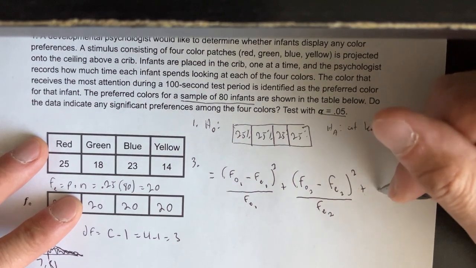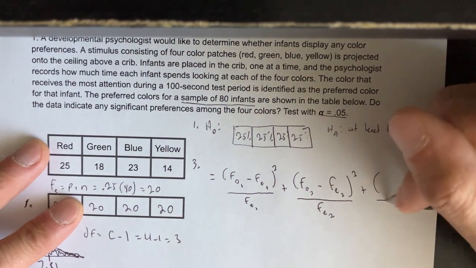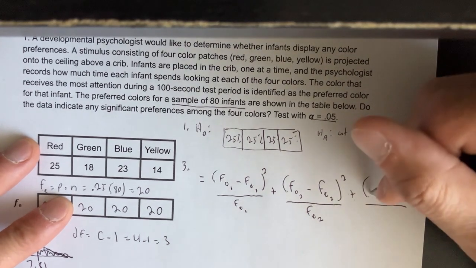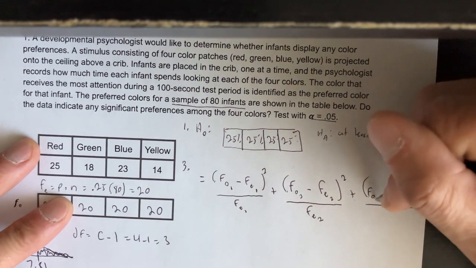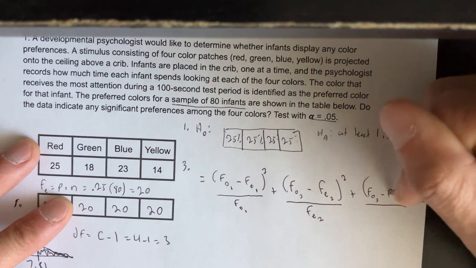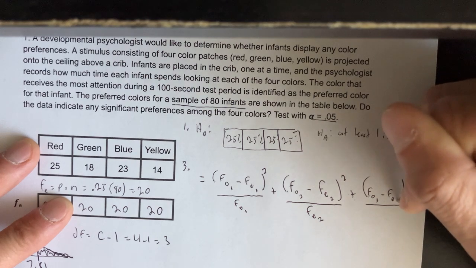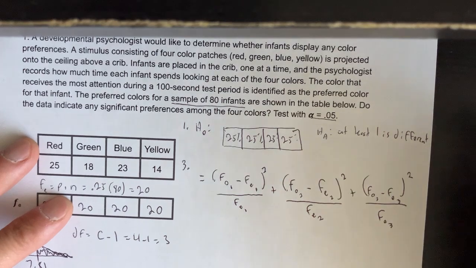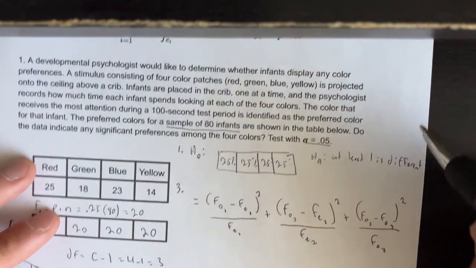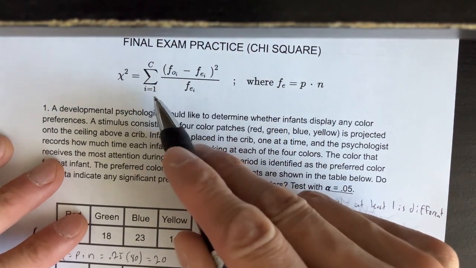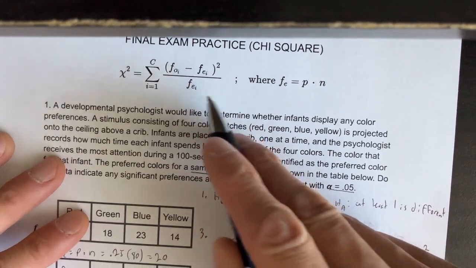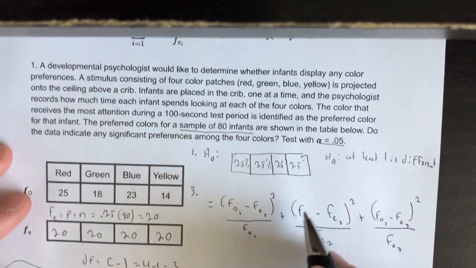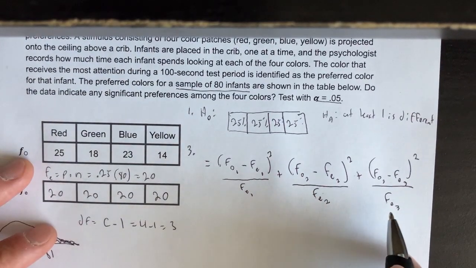For our final term, we get the observed frequency of the third category minus the expected frequency of the third category, over the expected frequency of the third category. The summation notation is just telling you to go through that process for each category, each group, and in symbols it looks like this.